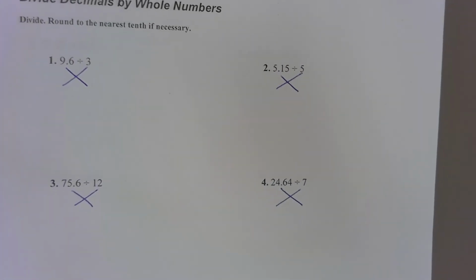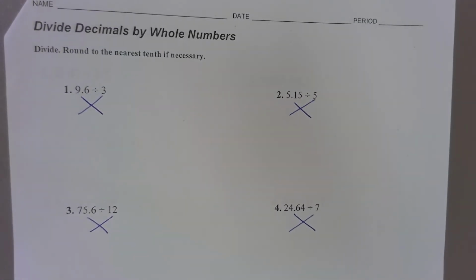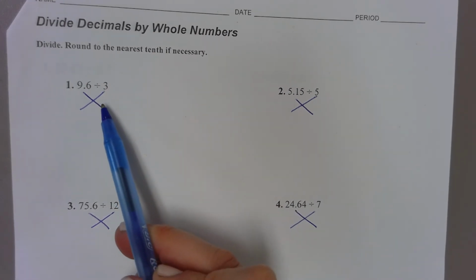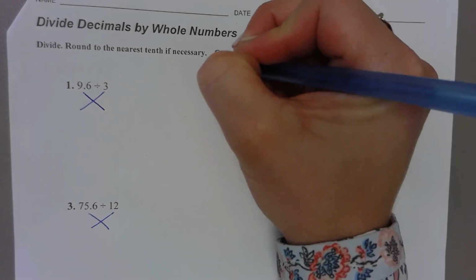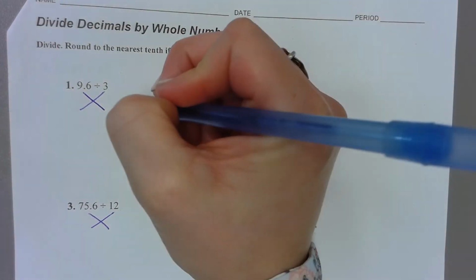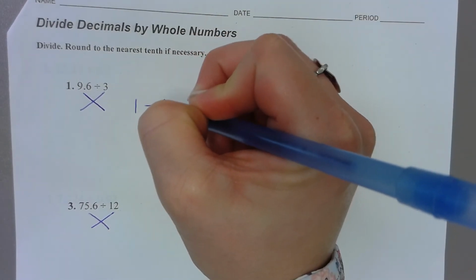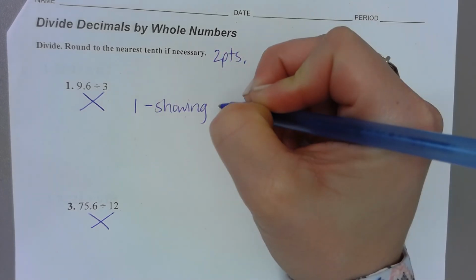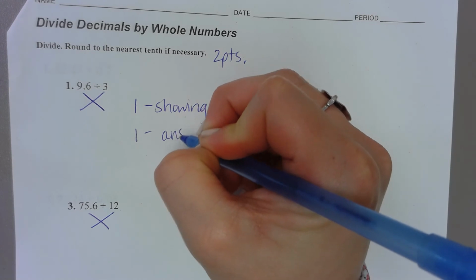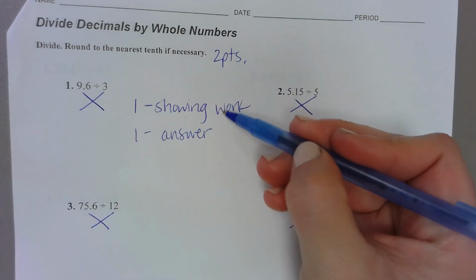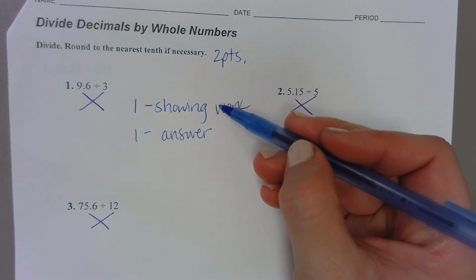Okay, so I will go through the points expected for each problem like I did on the last worksheet. So again, each one of these problems, 1 through 6, is going to be worth 2 points. 1 for showing your work, and 1 for the answer. Now, if you don't show your work, but you get the answer, you're going to miss a lot of silly points.